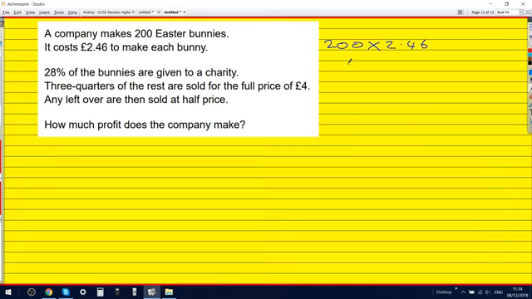That is 492, and that's the total cost. So I don't know if we even need that. Well, let's just see. 28% of the bunnies are given to charity. Okay, so how many bunnies are given to charity? So 28% of 492. So would that be 0.28 times 490? You could do that.